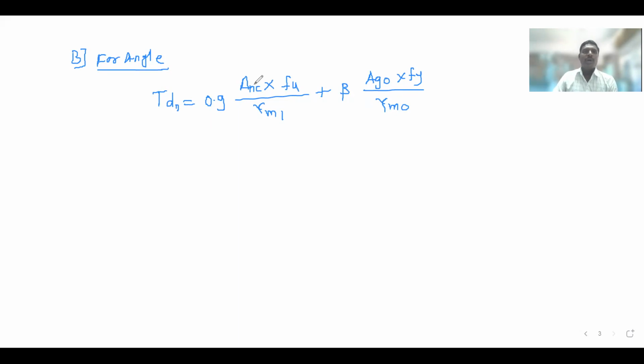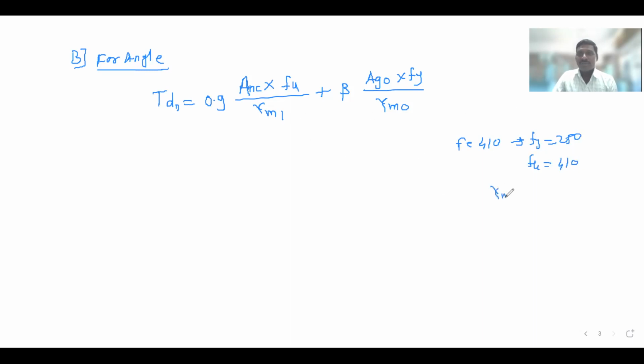Okay. So now here in this formula, which are the unknowns? Fu is known, Fy is known. The value of Fy is 250, and Fu will be 410.